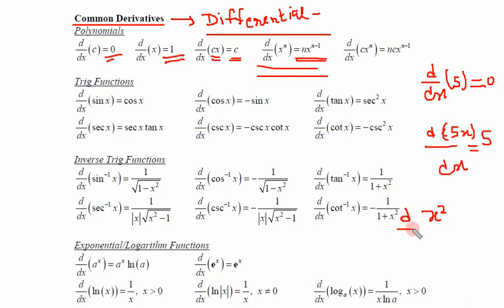So the differential of x square is n x to the power n minus 1. n is here 2. x power n minus 1, 2 minus 1 is 1. So differentiation is 2x. Suppose we have x cube, then what will happen? 3 comes in the front, x is there, n minus 1, 3 minus 1 is 2, so 3x square. In this way we will differentiate x.